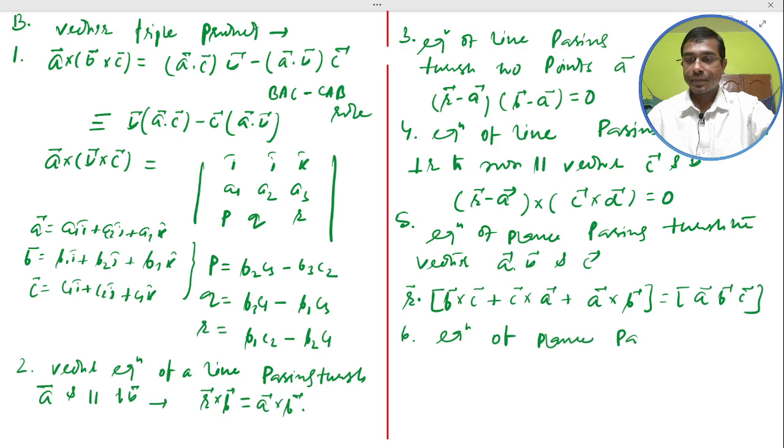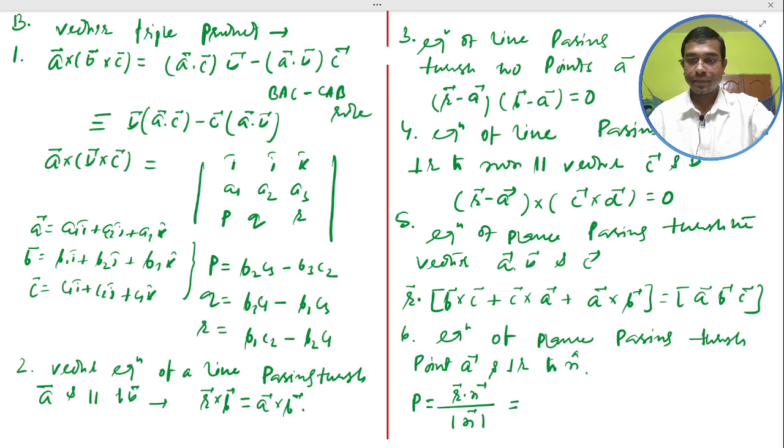This is P equal to R dot N divided by mod of N. This is nothing but A dot N divided by the mod of N. That is, R dot N equal to A dot N.